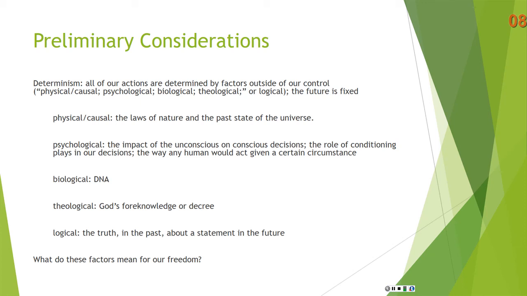So maybe there's this human nature, and humans just act in certain ways given certain external circumstances, right? Like with genocide, what determines whether you would be a committer of genocide or a victim of genocide is largely circumstance.